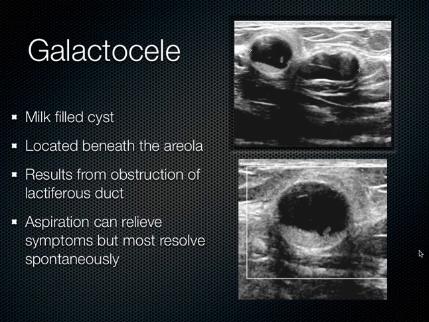Now, sonographically, these galactoceles can sometimes be seen as complicated cysts with some hypoechoic areas and some hyperechoic areas to them. But depending on the age of its contents and the amount of fat and water within there, you'll see varying types of morphologies with these types of cysts.